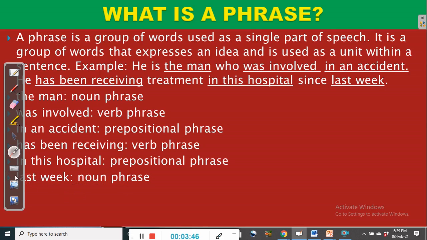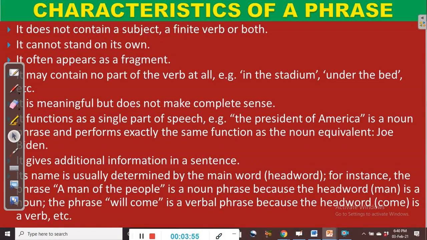All right, so now let's go further in examining characteristics of a phrase. Let's look at those things that make a phrase a phrase. Now, first and foremost, a phrase does not contain a subject, a finite verb, or both.